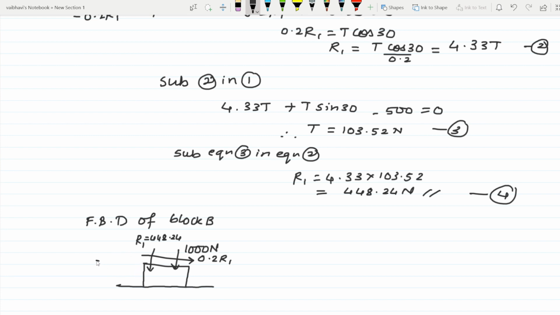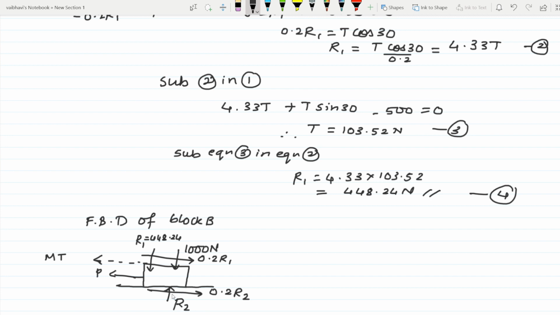We have already discussed that it will be moving towards this side. So the motion trend is like this, and there is a force P. This is unknown, we have to find it. At the bottom there is 0.2 R2, where R2 is the reaction. So this is the free body diagram.